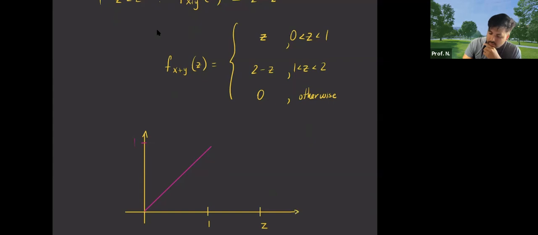This is like the z axis here. And then after 1, it becomes 2 minus z. So it's supposed to be a straight line from 1 to 2. This should be 2, not z. And this should be the PDF. This is the PDF.